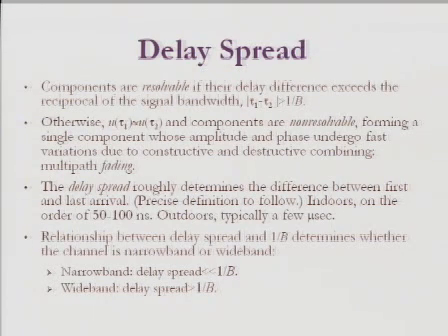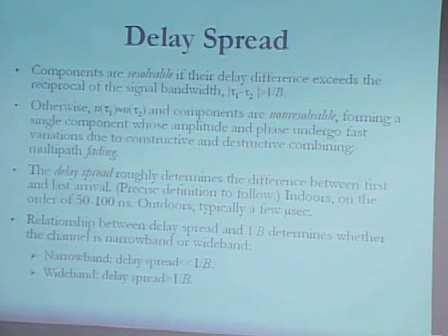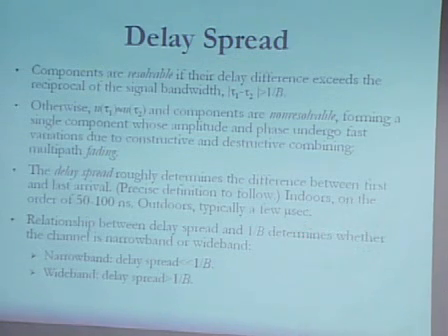So what are typical values for delay spread? Well, indoors, for example, imagine a room like this, reflections take place in walls that are pretty close, 2 meters, 5 meters, 10 meters. So the times are very short. Typically, the delay spreads are on the order of 150 nanoseconds.